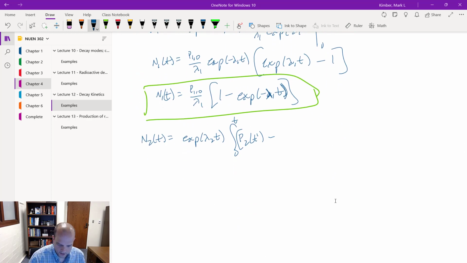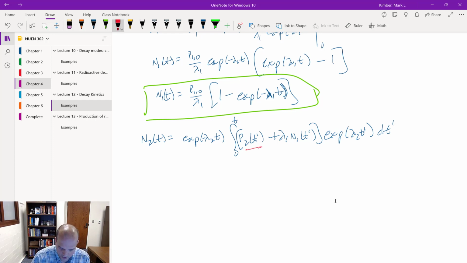And so this is plus lambda 1 N1 of t, and I'll multiply that by that integration factor. And then I have to integrate that.